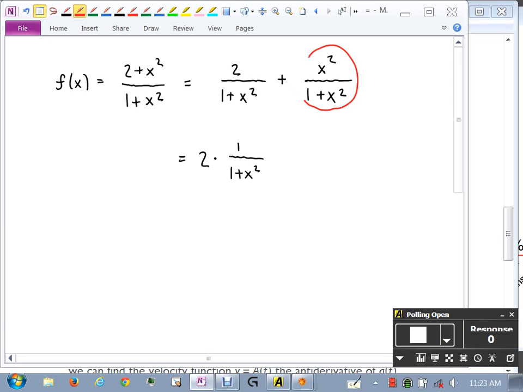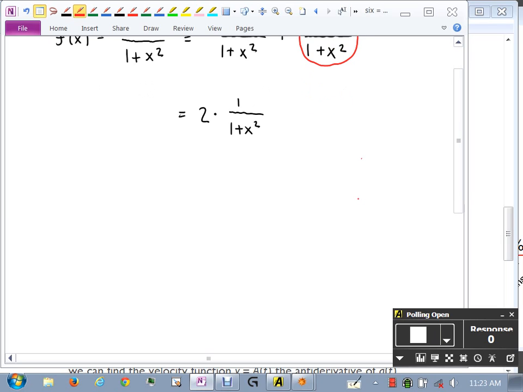If you take x squared and divide it by 1 plus x squared, well, I'll switch the order. Let's just try this out. What would I have to multiply x squared by to get x squared? 1, so I put a 1 here.